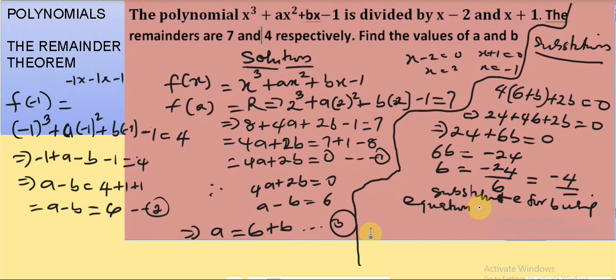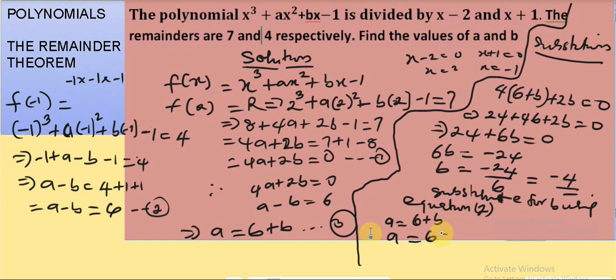So I'm going to bring this because equation 3 is a is equal to 6 plus b. So in this case, anywhere I see b, I'm going to replace it with minus 4. That is to get a, a is equal to 6, b now is minus 4.